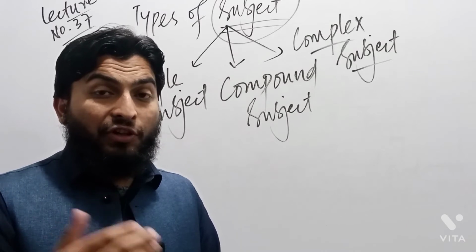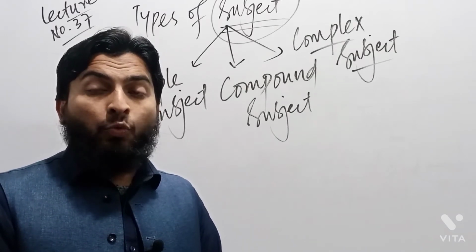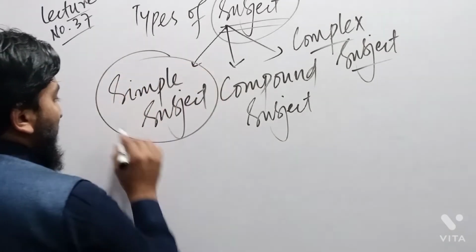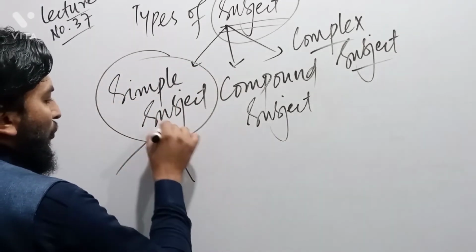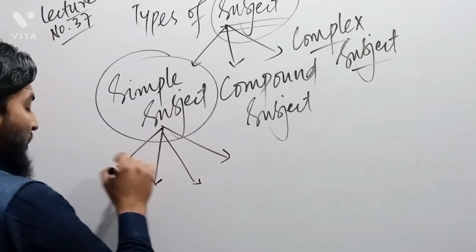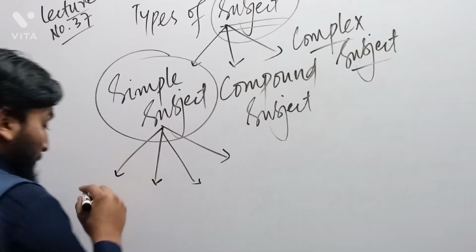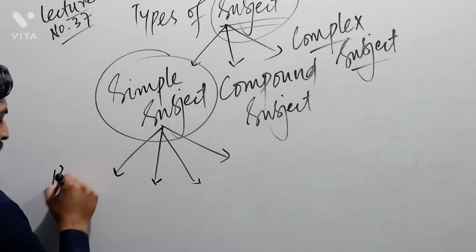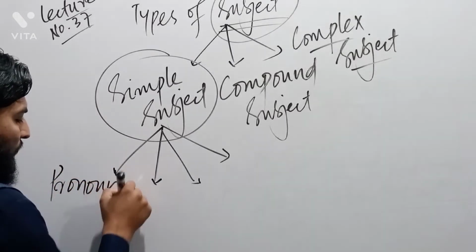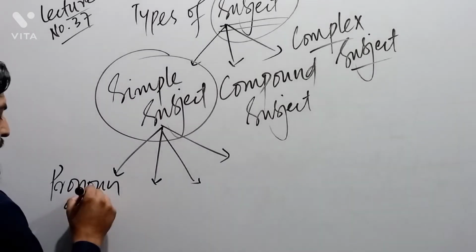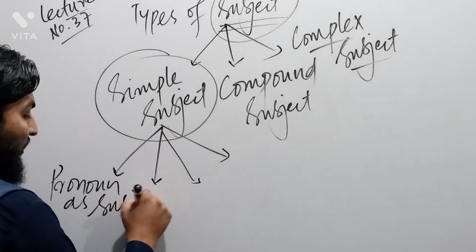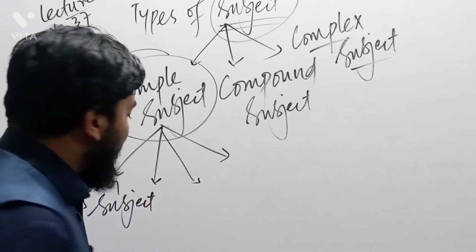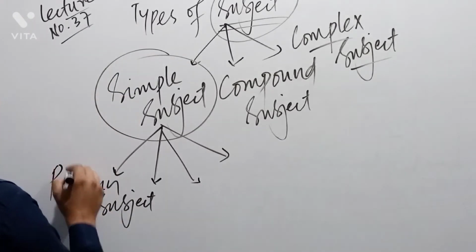But in order to differentiate further, we understand that simple subject is further divided into four different categories. The very first one is that in simple subject, we are concerned with pronoun as subject, and in pronoun we are further concerned with two types.